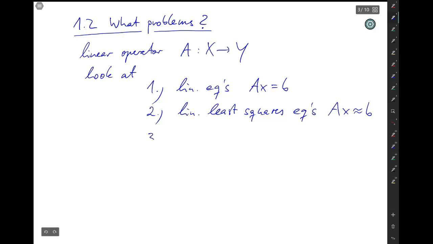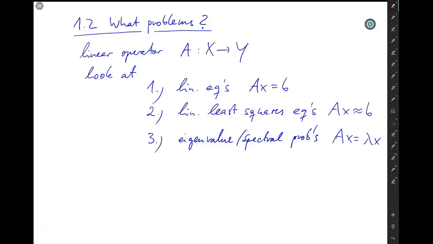And the third kind of problem is also one that you know from your linear algebra course: eigenvalue/spectral problems, Ax equals lambda x.